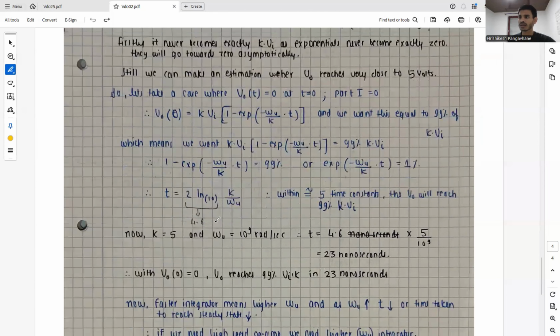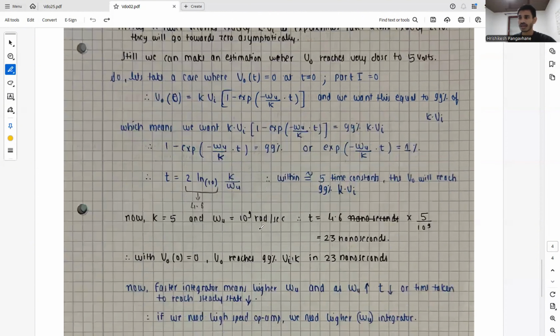Now let's put k as 5 and omega u as 10 to the power 9 radian per second, and this gives us t to be 23 nanoseconds. Thus with v naught at t equals 0 being 0, v naught reaches 99% in 23 nanoseconds.